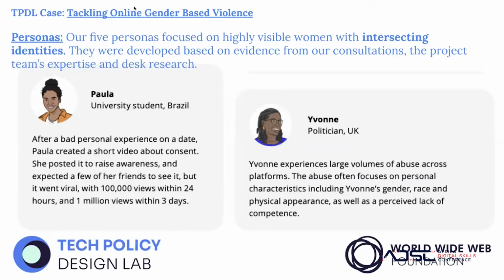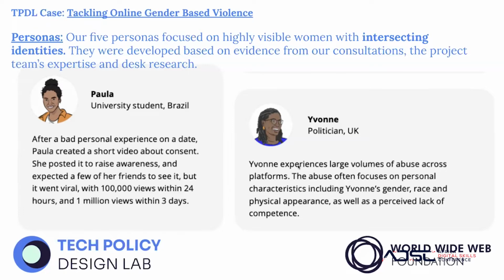So if we look at the work that Kat has been doing on tackling online gender-based violence, in the initial work, we had 5 personas, and these focused on women with intersecting identities. These were developed based on the evidence from our consultations, the project team's expertise on the subject, as well as desk research. So we spoke to a lot of stakeholders to come up with 5 personas.